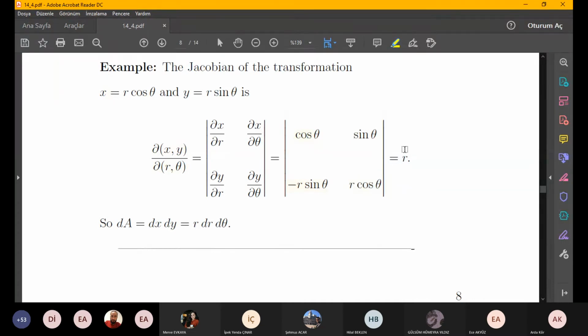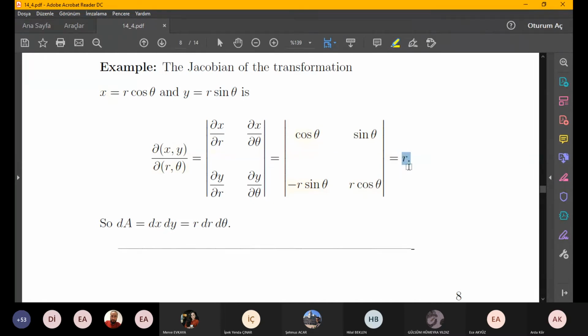So if you compute the determinant, it is r times cosine squared theta plus r times sine squared theta, which will be equal to r times 1, which is r.